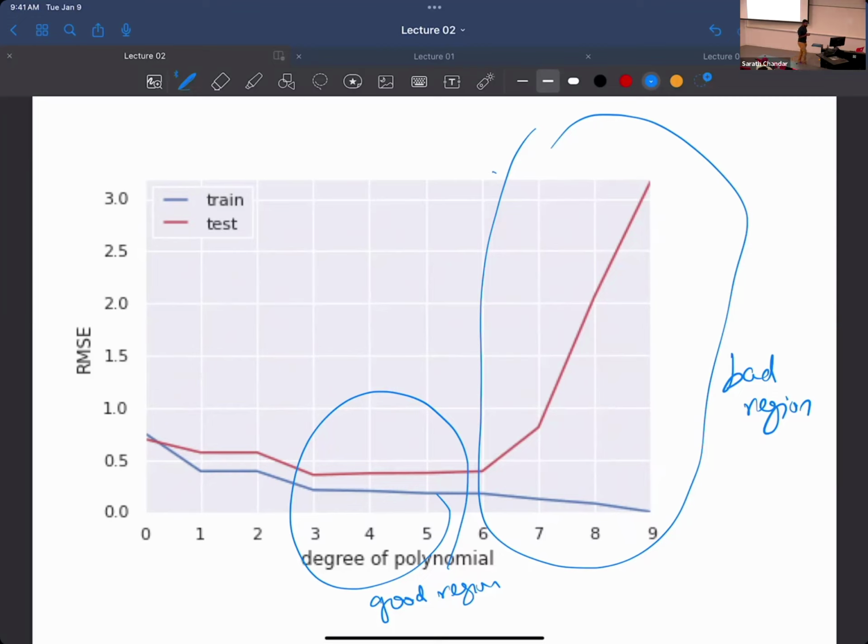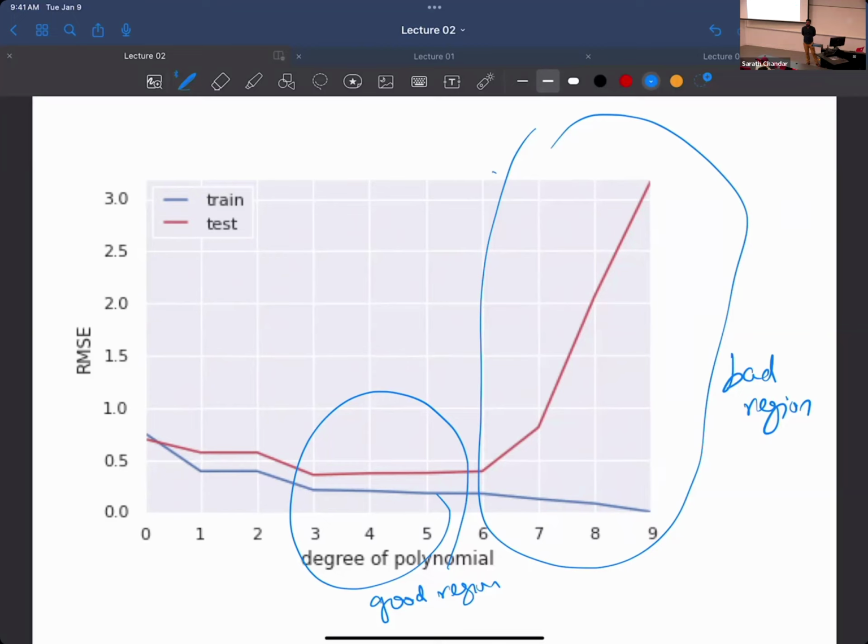So shouldn't I be able to find the 3-degree solution even when I'm using the 9-degree polynomial? All you have to do is set the rest of the degrees to 0, like W4, W5, W6, W7 all 0. Then you get the 3-degree. You can recover the 3-degree polynomial from the 9-degree polynomial, right?